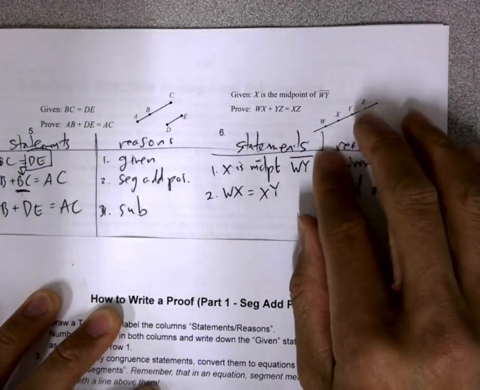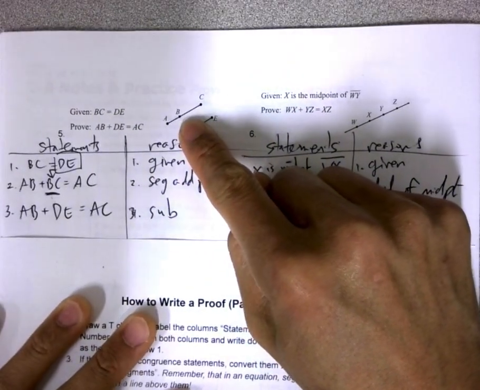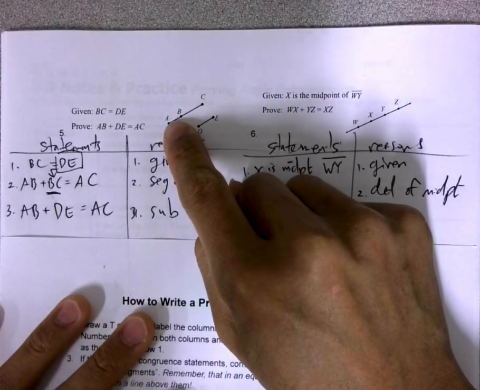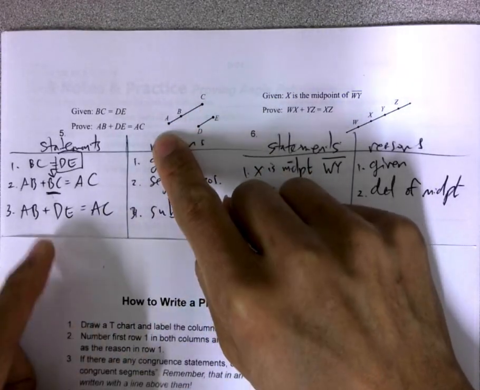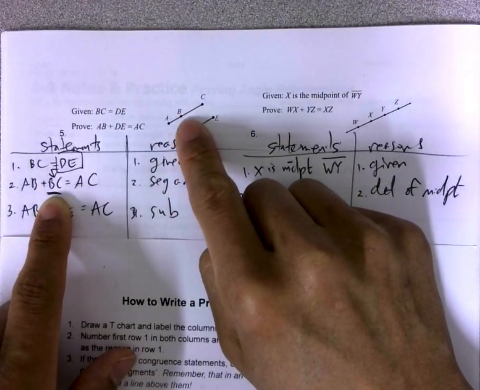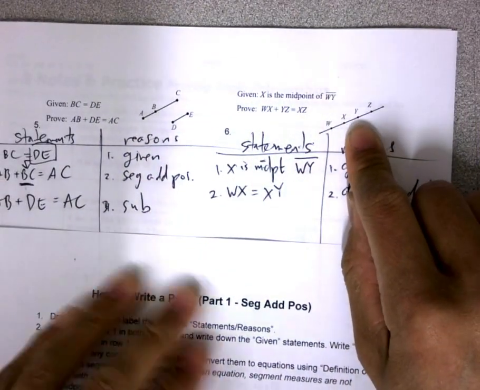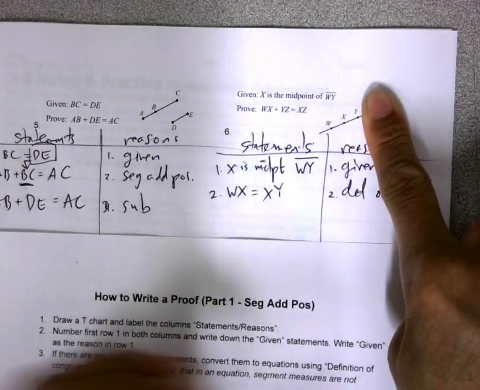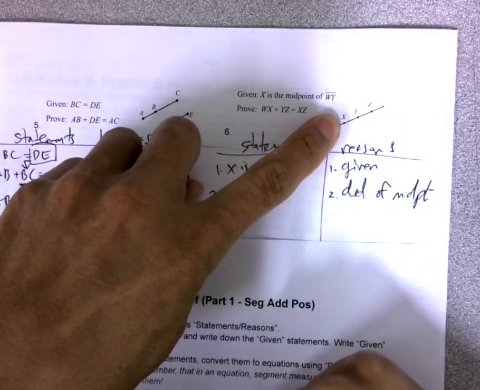And so when you have 3 points on a line, like right over here, right? We use seg-add-pos. We say first part plus the second part equals the whole part. Measure AB plus measure BC is equal to measure AC, like we did right here. Okay. Now when you have 4 points on a line, like we do over here, you use seg-add-pos twice. You use seg-add-pos on those first 3 points, and then you use seg-add-pos again on the second 3 points.